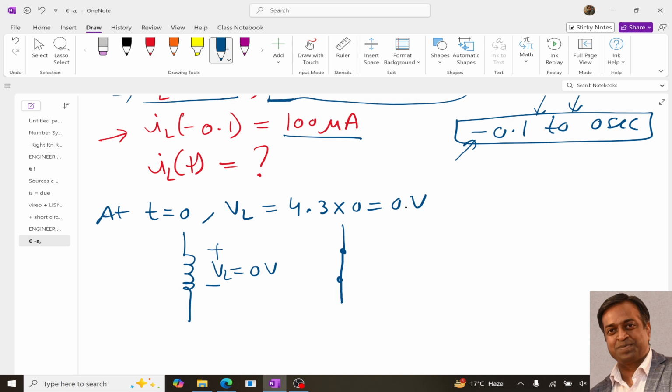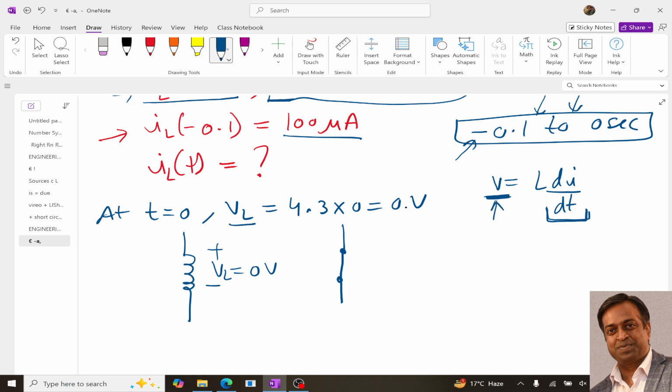There is no change in the current. We know the inductor formula is V = L di/dt, and the voltage is 0 only when there is no change in the current.